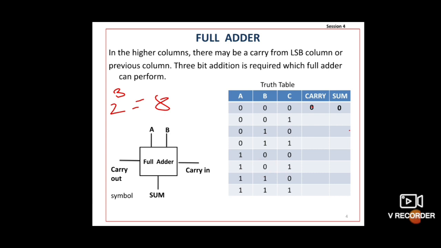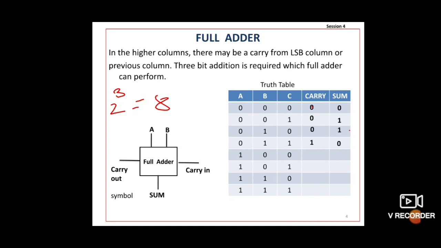Now using simple binary addition rules, same here, 0 plus 0 plus 0, all 0, carry 0, sum 0. Second is 0 plus 0 plus 1, sum is 1, carry is 0. Then same here, carry is 0, sum is 1.